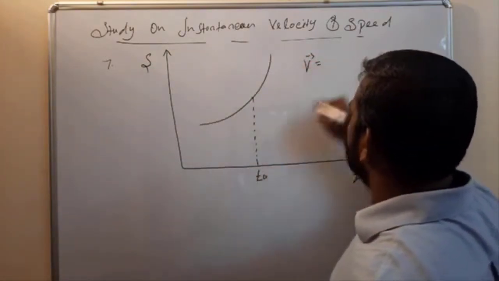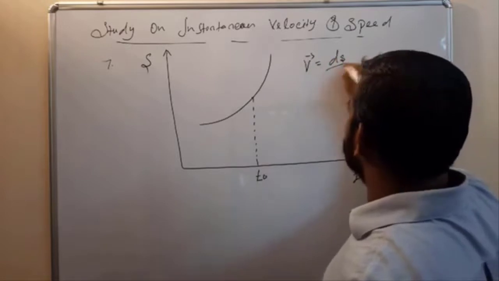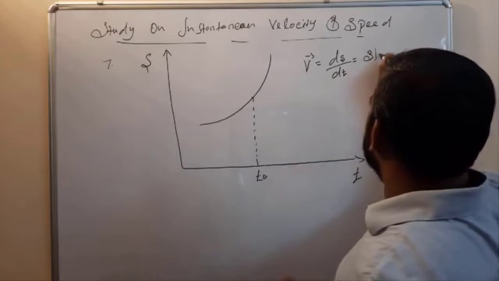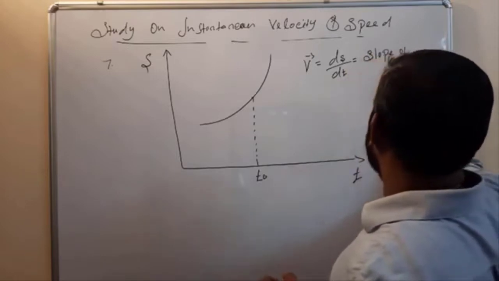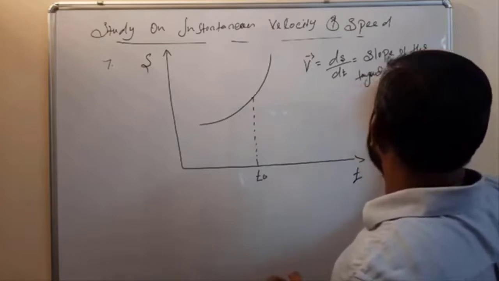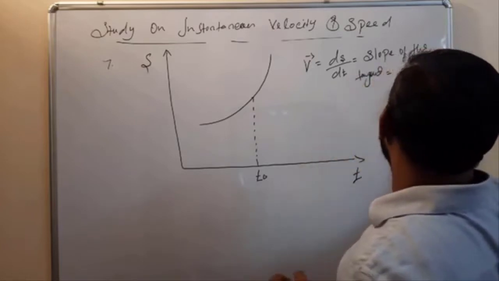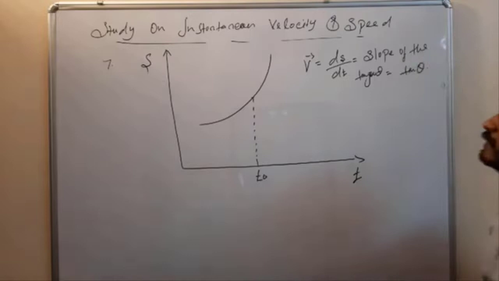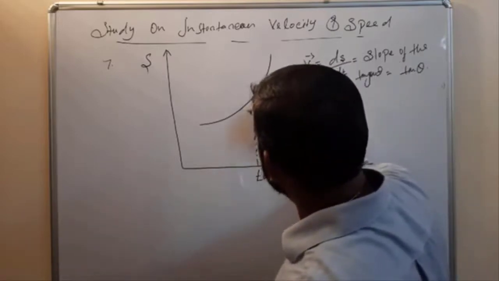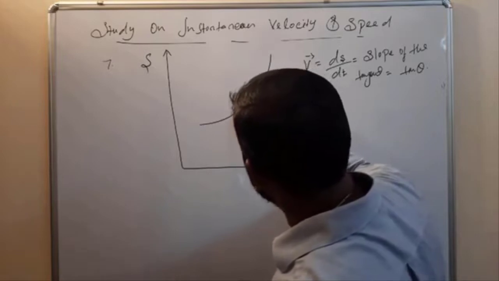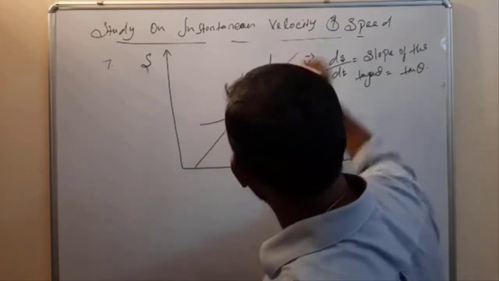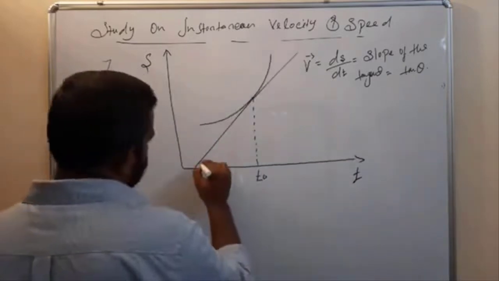Instantaneous velocity is equal to ds by dt, that is equal to the slope of the tangent, tan theta.